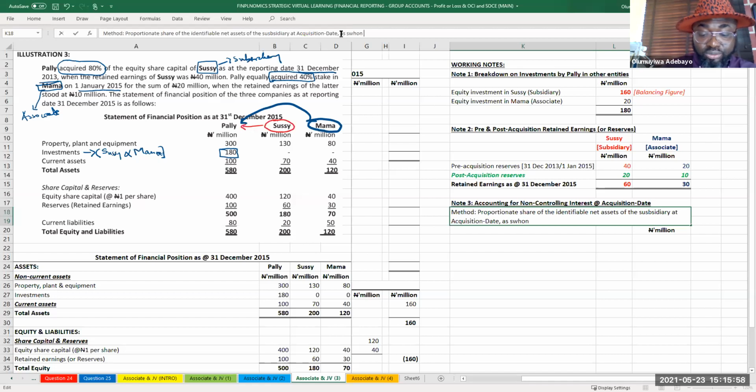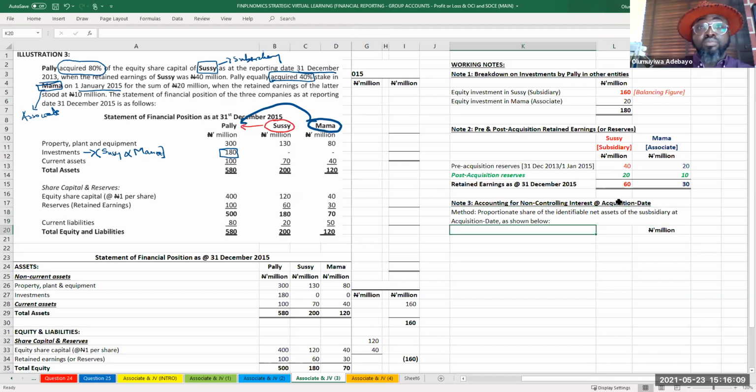As shown below. Now, what's the net assets?